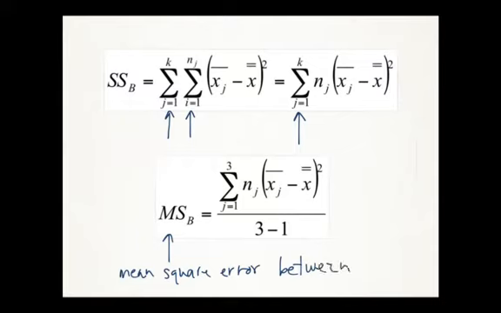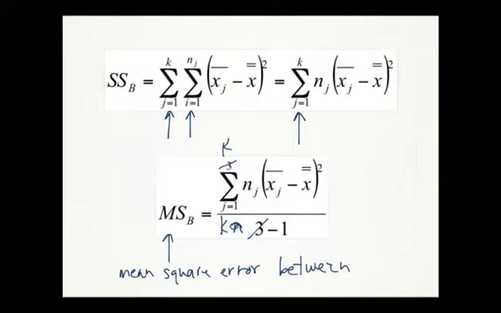Sorry, this should be the number of groups minus 1, or rather, k. And this should be k as well. So basically all we're getting at is how to break these things down, the within group, the between group, and so on.